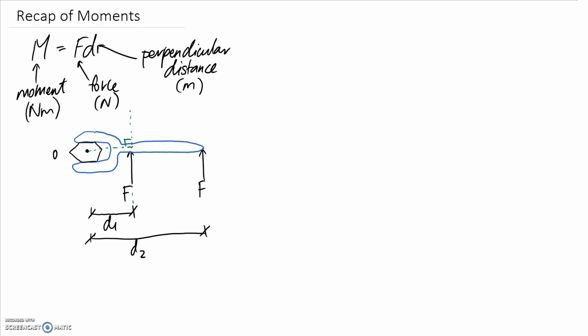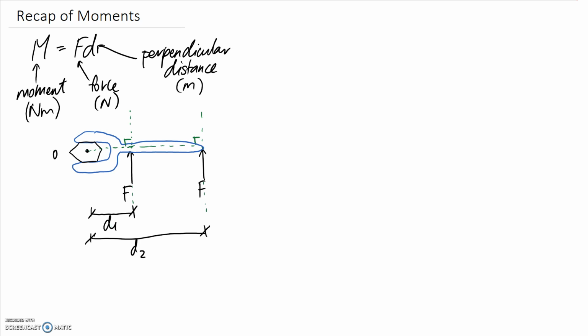Similarly back here, if we draw in a line of action, we're looking for the distance perpendicularly back to point O. So this needs to be a right angle, and the total distance this time, which is D2, would be what we'd use to calculate the moment.